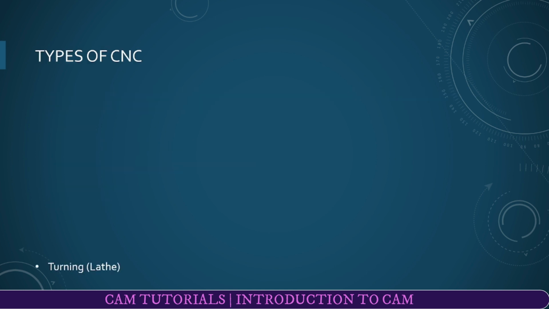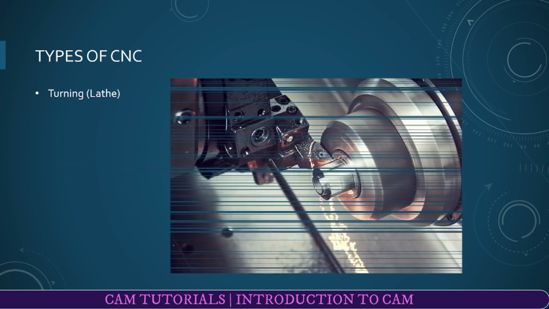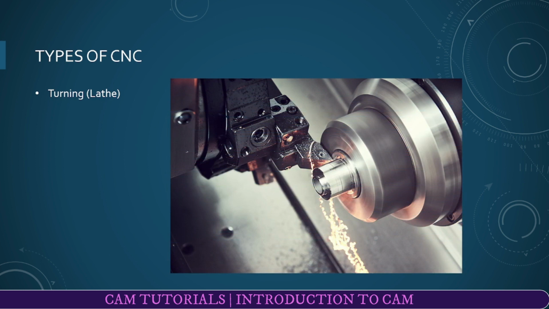Okay, then we have the types of CNCs. The first one is CNC turning, or in conventional language we say lathe. In CNC turning, the job that you want to construct will rotate and your tool will be stationary. You can give a feed to your tool, but it will not be moving like in CNC milling, which we'll study later in this tutorial.